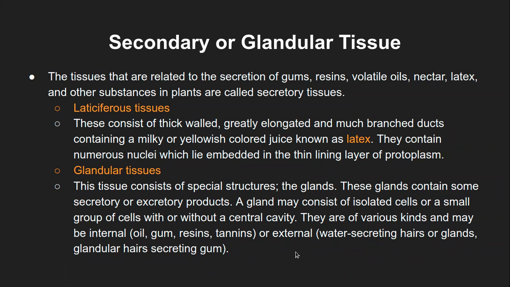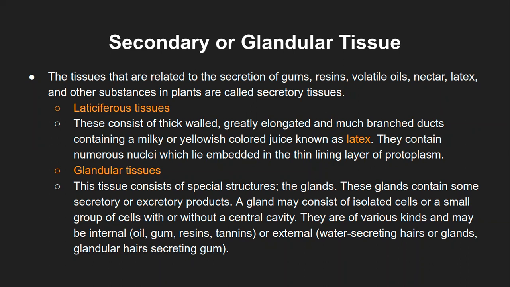So these are your glandular secretions, and if it is external, that means water secreting hairs, which are special structures external to the already existing structure. Let's say on the stem you must have seen aerial roots, right? For example the money plant that we have, or the banyan tree has aerial roots.